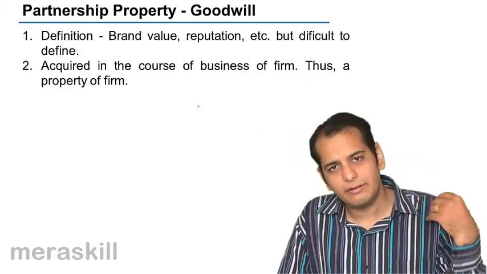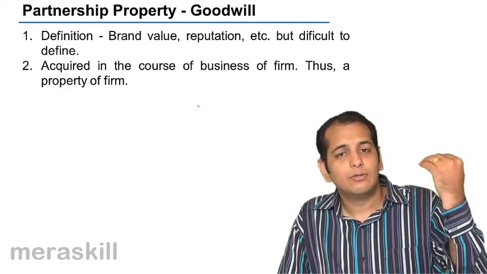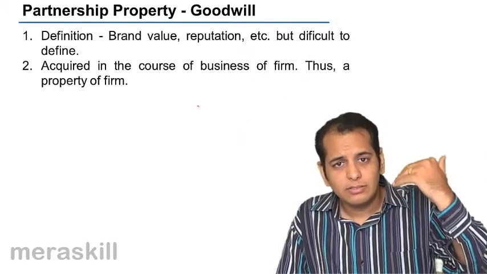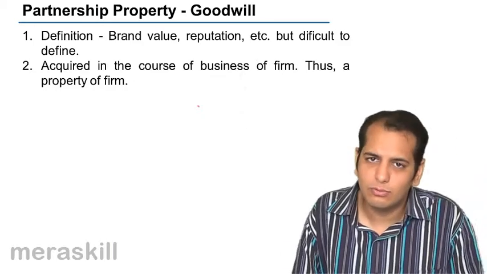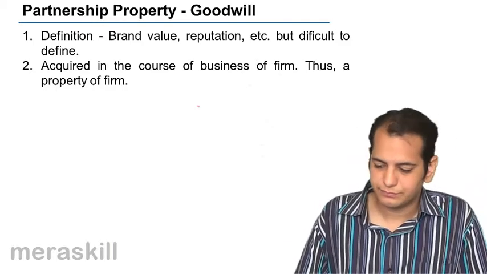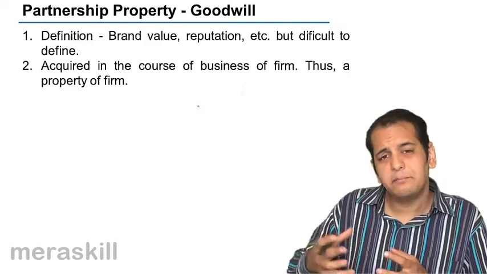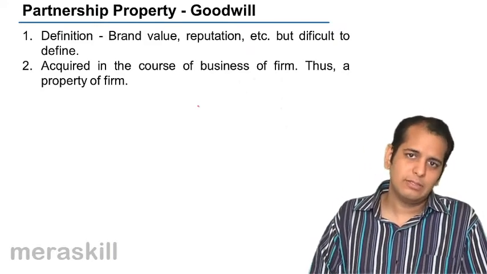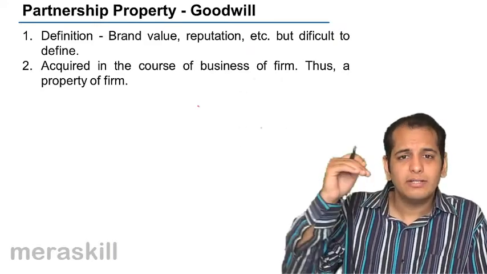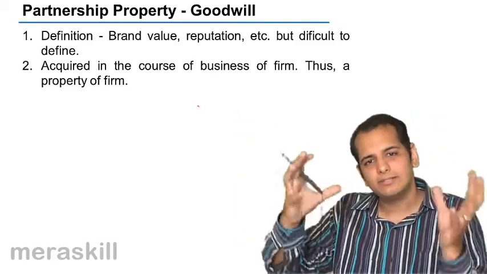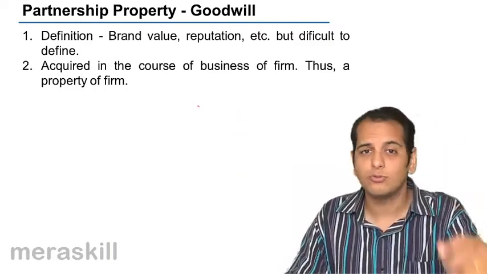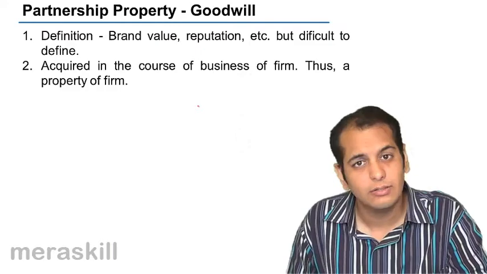How can you have goodwill right from the first day? No. Goodwill has to be acquired slowly and gradually in the course of business, and thus it becomes the property of the firm. Because it is acquired in the course of business, it is firm's property. It does not belong to one partner, but it becomes the firm's property.